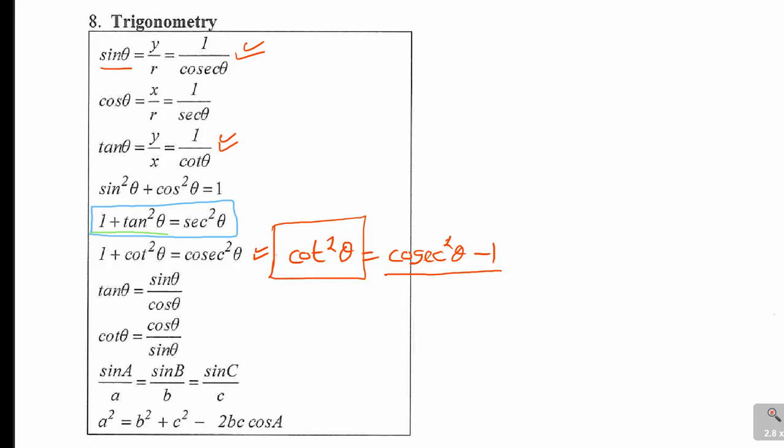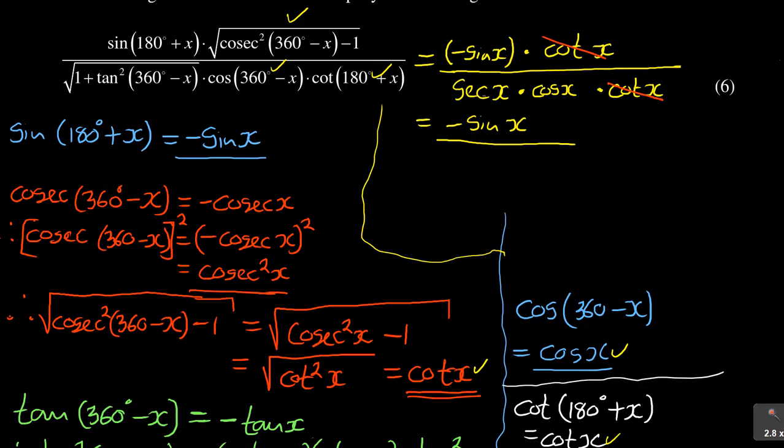If you go to the formulas, you can see that it says cos theta is equal to 1 over sec theta. I'm using this particular formula now here. So actually it will be sec x in this case times, where there is cos is 1 over sec x.